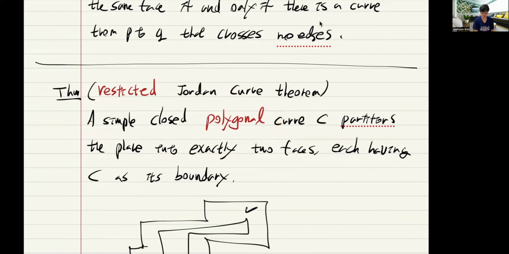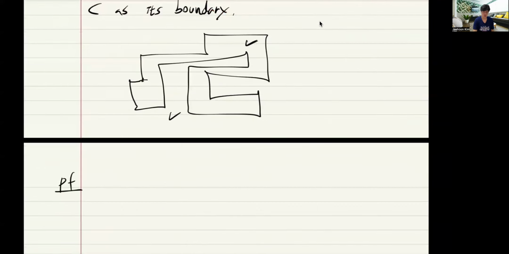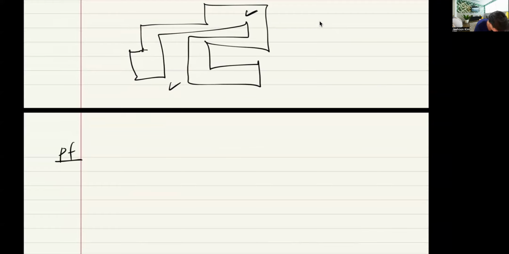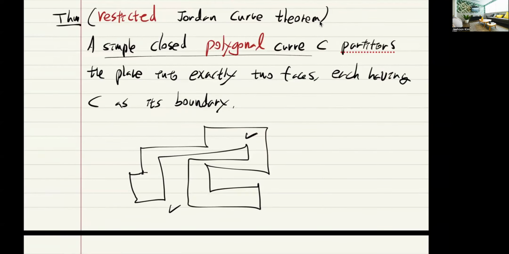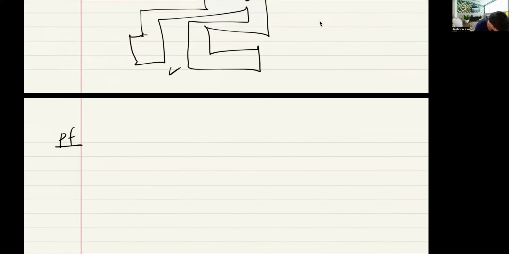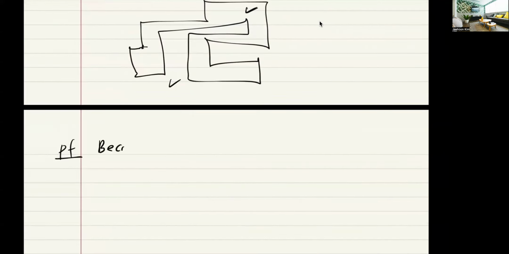And even if we just prove the restricted version, I hope it gives you enough intuition and justification for the discussion that we will do later. So assume that C is a given simple closed polygonal curve. It's a polygonal curve, so C has finitely many segments.